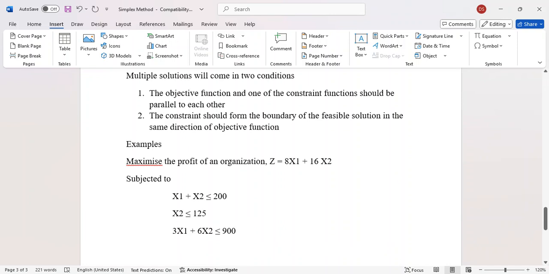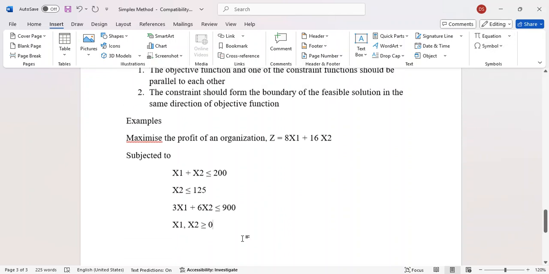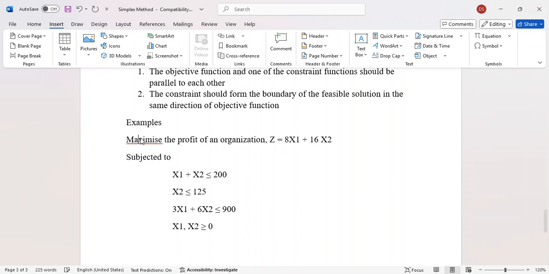And the assumption is the non-negativity condition, which is applied for all the variables: x1 and x2 should be greater than or equal to 0.